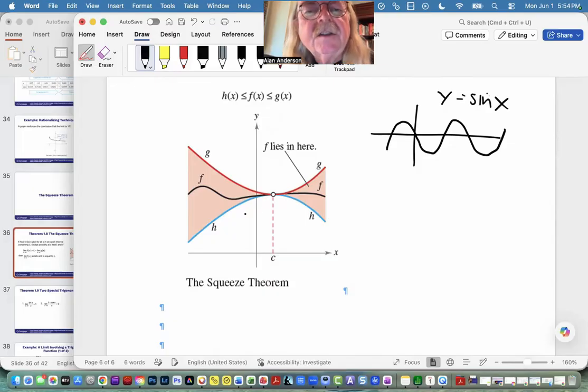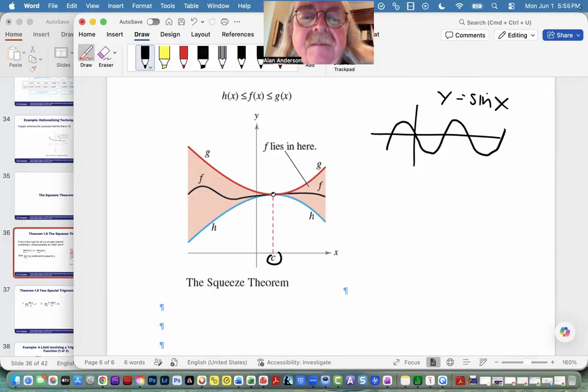That kind of thing. So our function is f, and if you notice, there's a function g that is always, everywhere, at least above or possibly equal to f at this one point. And then the opposite is true for h. You've got h, which is always below f, except possibly at this point. And what this means is that all three of these have the same limit as x converges to c.